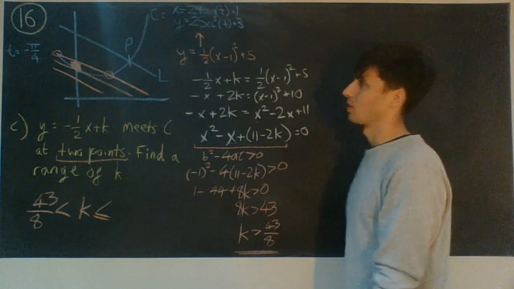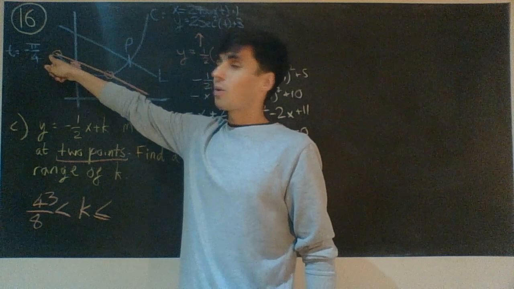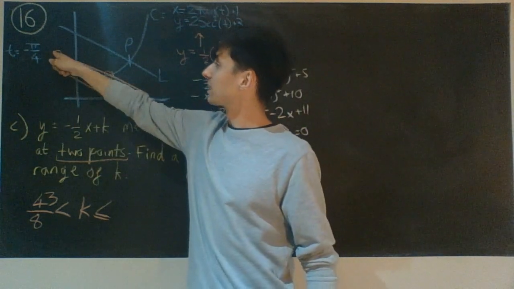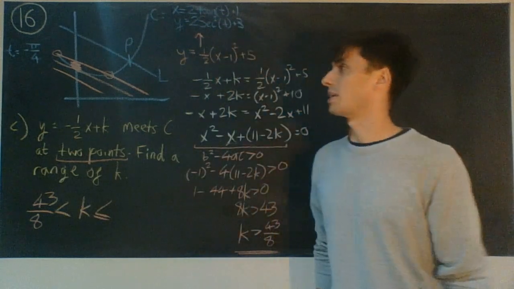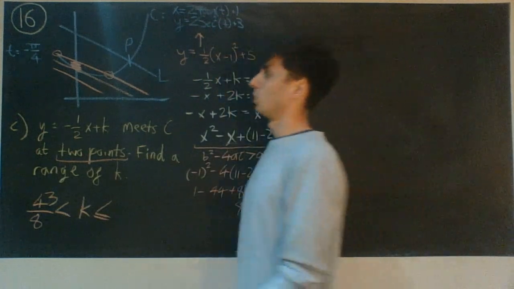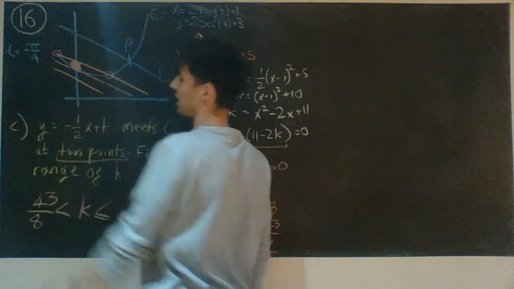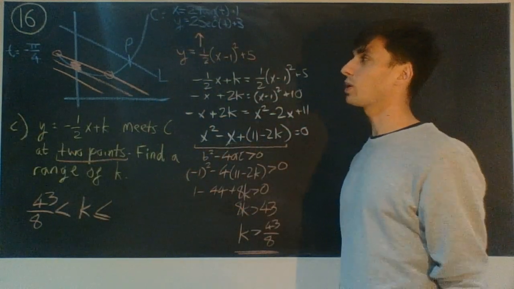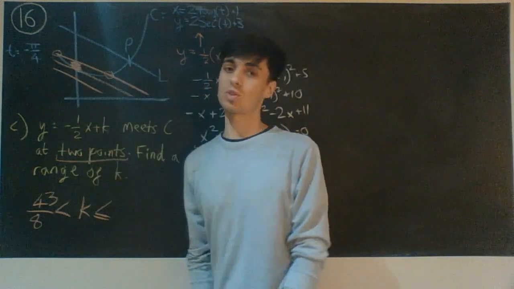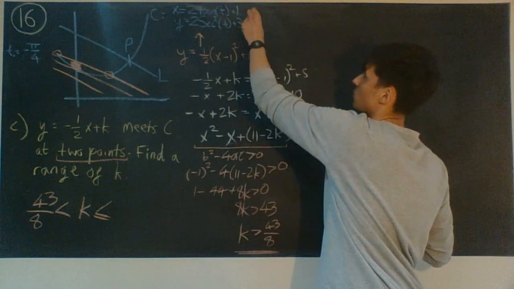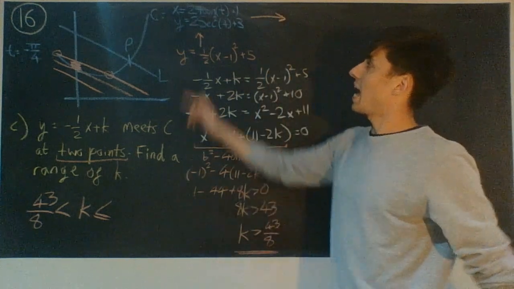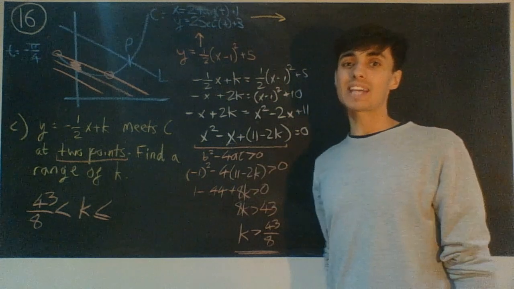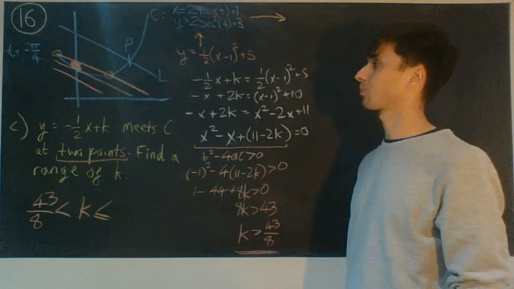To do that, we need to think about this point, because this point is the highest point that our line can possibly bump into. At the moment we have a value of t equals minus pi over 4 at this point. I wonder if we can find the actual coordinates of it though. We're going to have to use these. x equals 2 tan t plus 1, y equals 2 sec squared t plus 3.